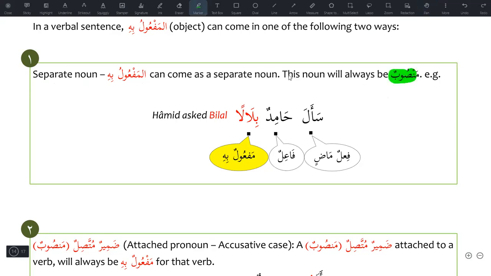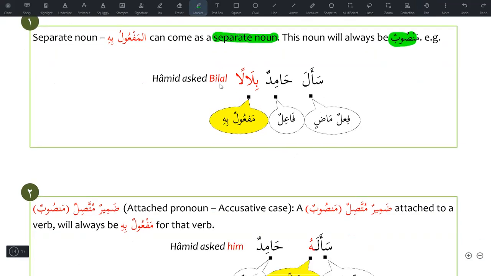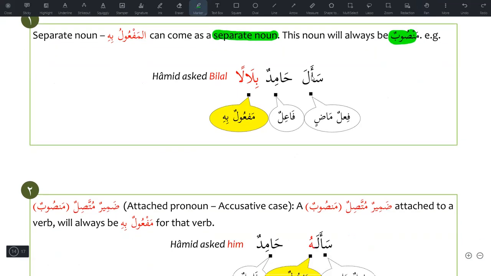Because the maf'ul bihi, or object, is always mansub. Sa'ala Hamidun Bilalan. Sa'ala is a fi'l madi verb, Hamidun is the fa'il, and Bilalan is the maf'ul bihi. The target of the action is Bilalan.